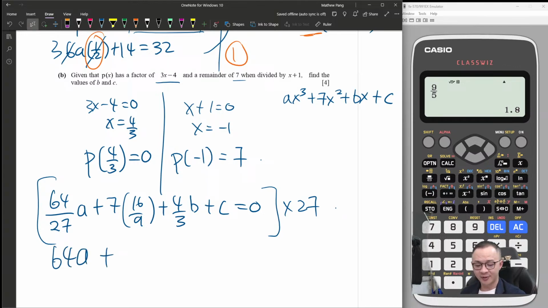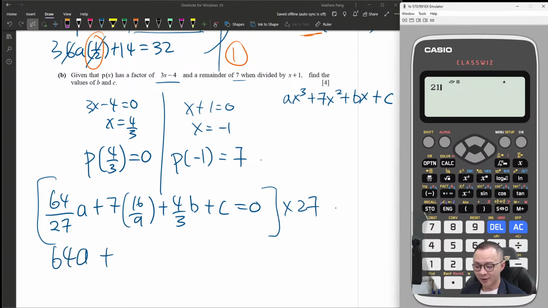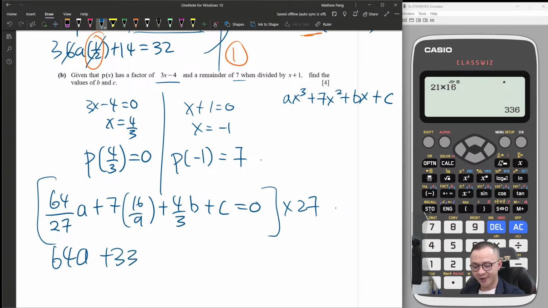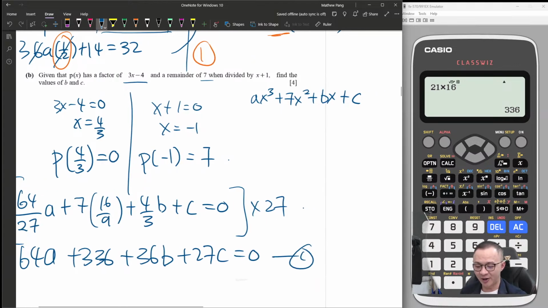This one will be 64a plus 336, plus 36b plus 27c equals 0. I will call this my first equation without any fraction.